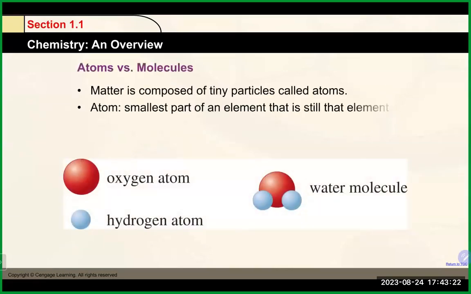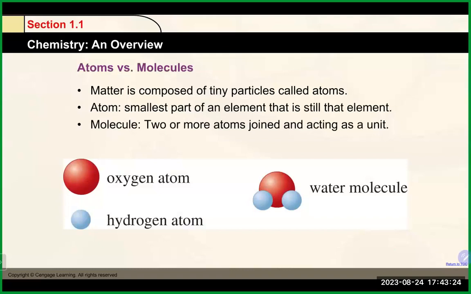So when we talk about chemistry, again, matter is what we look at. And when we talk about matter, there really are three states of matter. Matter is anything that occupies space and has mass, which is pretty much everything.